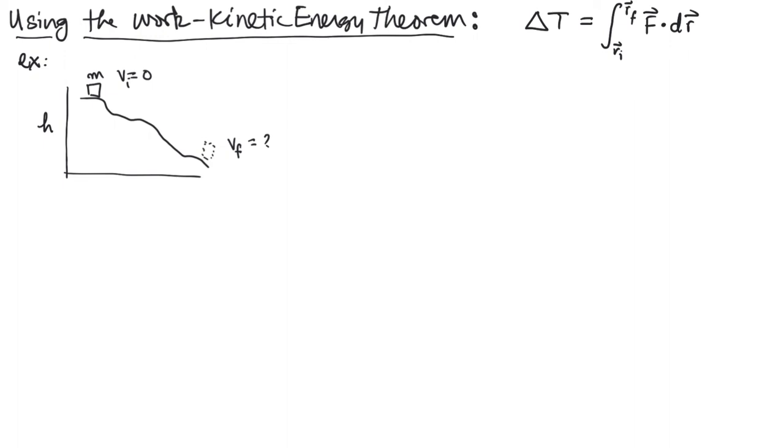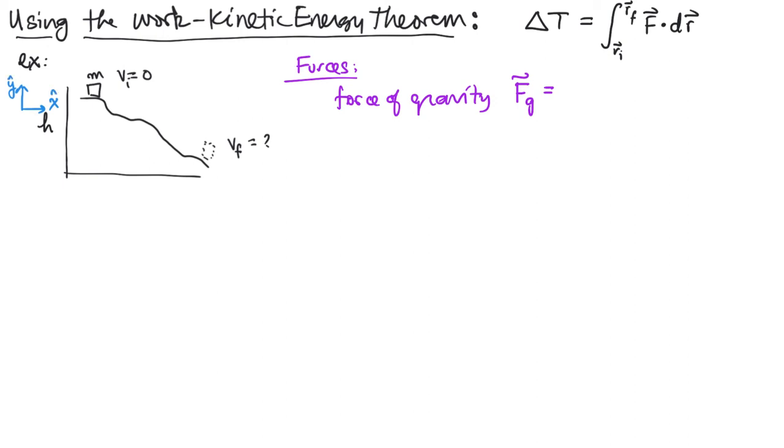At any given time, the mass is going to experience a force of gravity. Okay, I'll call that F sub g, and if we give ourselves a coordinate system, I'll say y increases up, the y hat direction is up, the x hat direction is to the right.